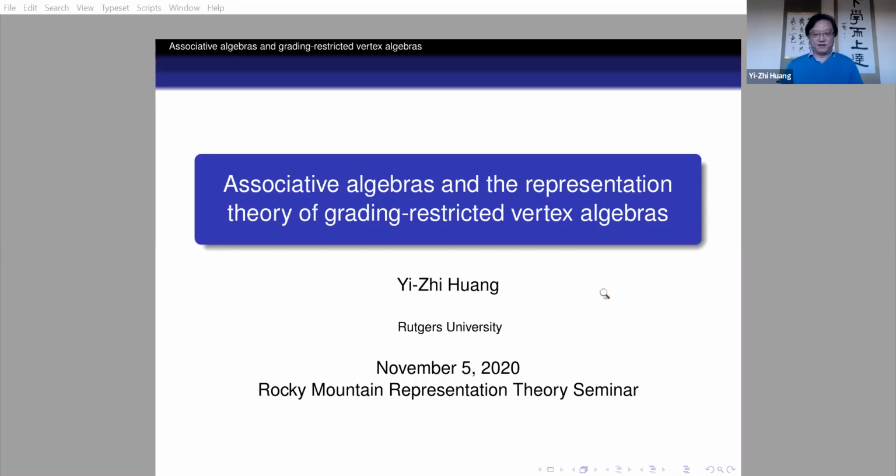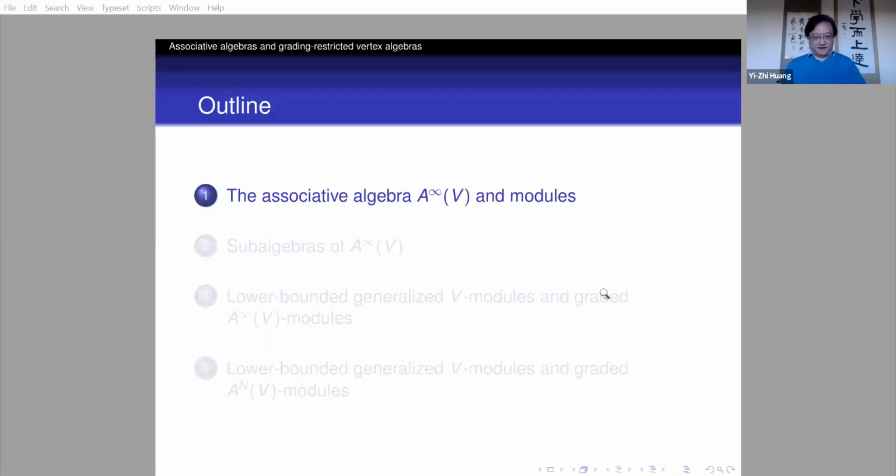Okay, so now I start the technical things. What I will basically talk about is, first of all, I do find the correct associative algebra, and that is actually nice. Then I will discuss sub-algebras of this associative algebra, including the familiar Zhu algebra and also the generalization by Dong-Li-Mason.